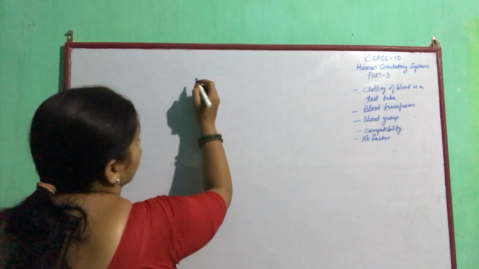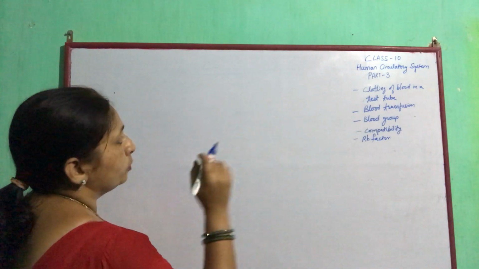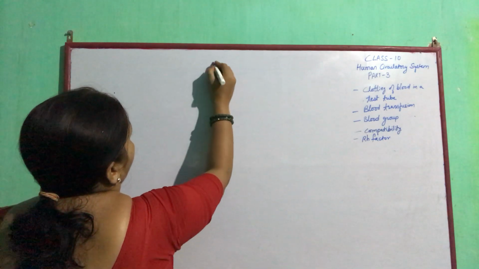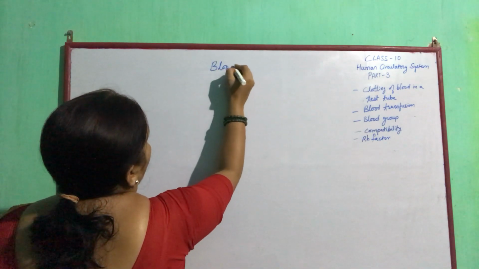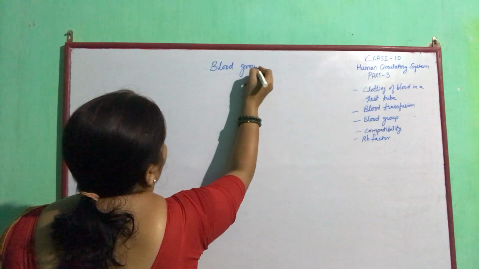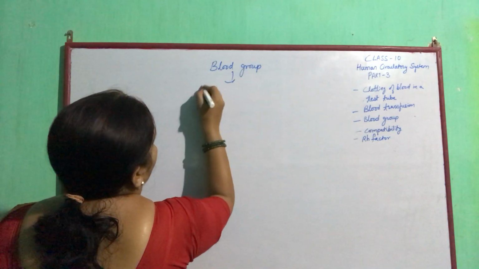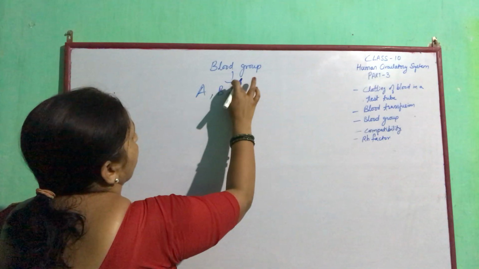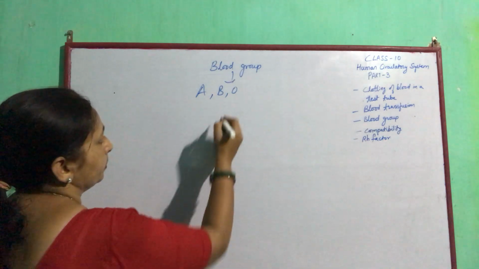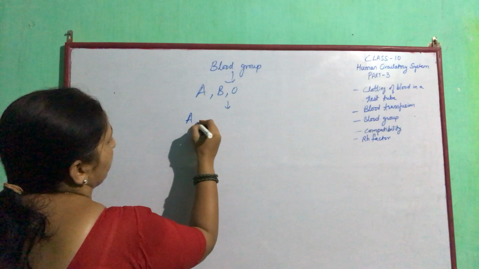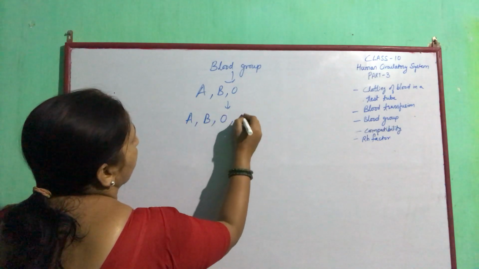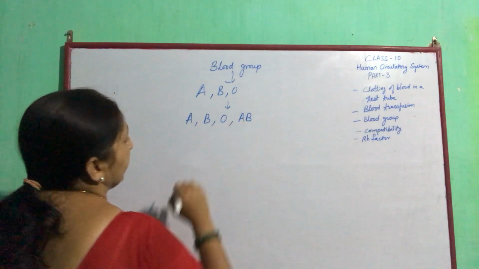Carl Landsteiner gave the blood group system, which is the ABO system, and according to him there are a total of 4 blood groups: A, B, O, and AB.